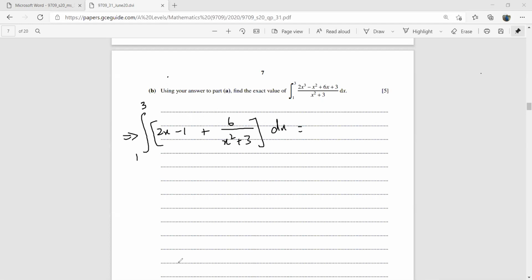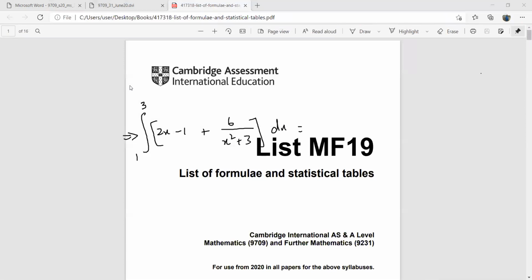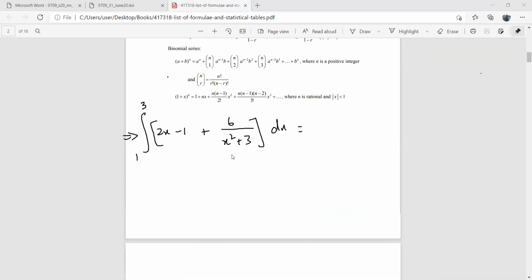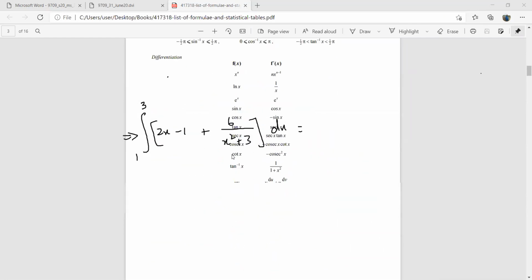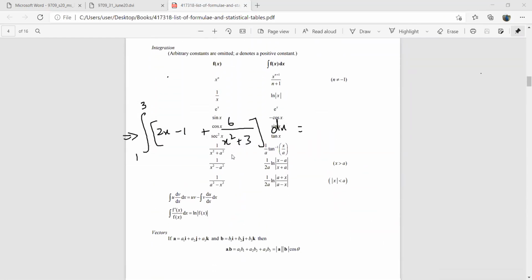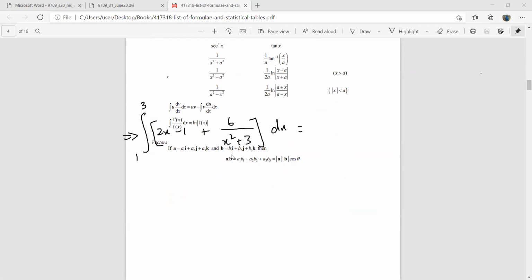Some of you don't know how to use your formula booklet efficiently. Let me bring in the formula booklet and show how many resources you have here. Can you see this in the formula booklet?